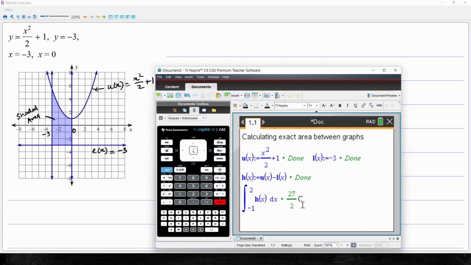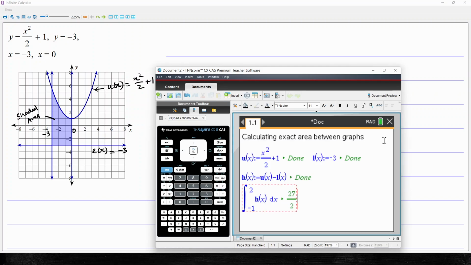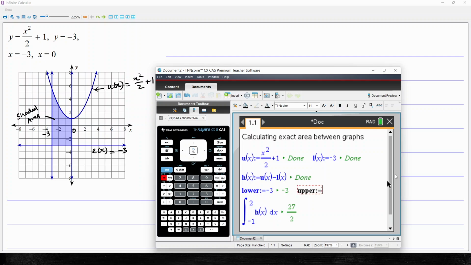The area comes out to be 27 over 2, but I think we need to change the limits. We have not provided the limits here. So let's write down the lower value, which is -3, and the upper value, which is 0.